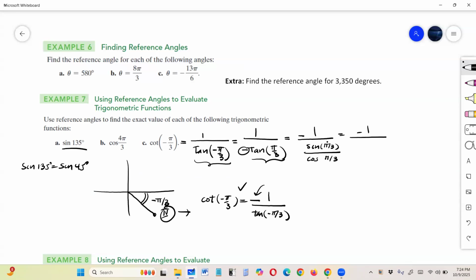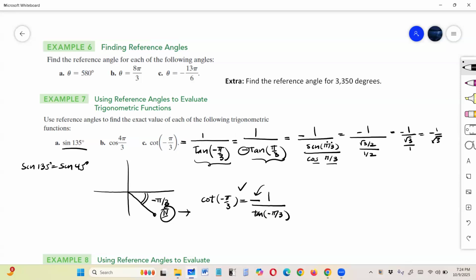If you wanted to do it in degrees, this is sine of 60 degrees, radical 3 over 2. And cosine of 60 degrees is 1/2. So this is radical 3 over 1, or minus 1 over radical 3.